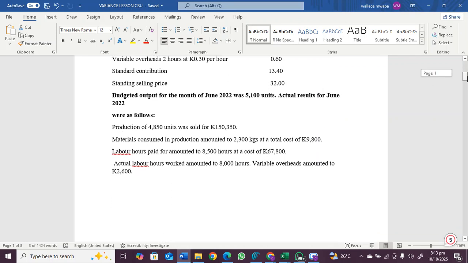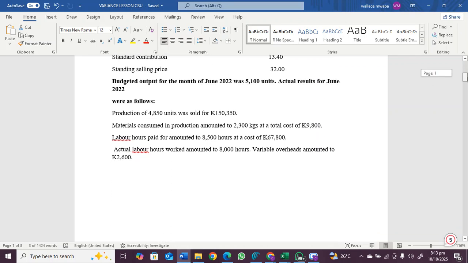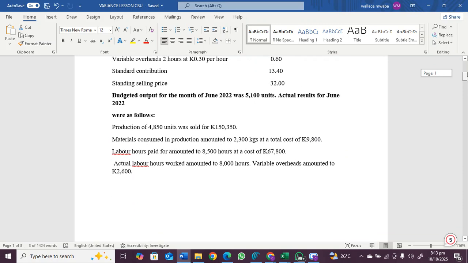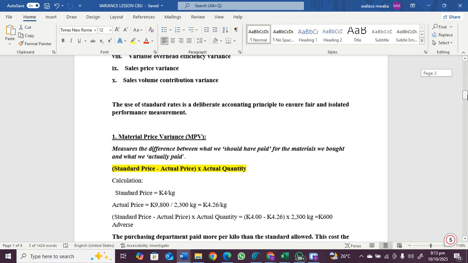Now I want to know the actual price. Remember, they told us we paid a total of 9,800 for materials and used a total of 2,300 kgs.